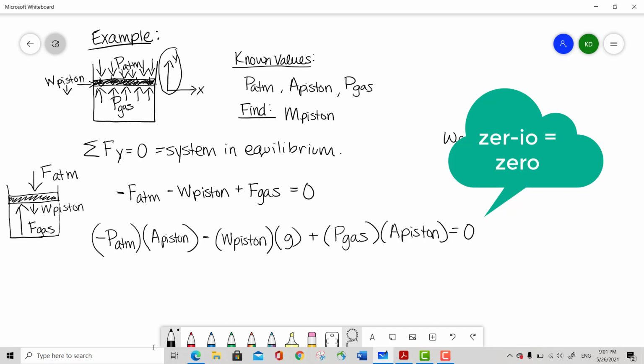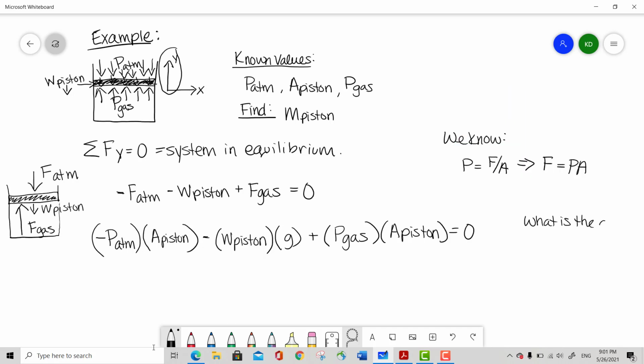And then how can we find these areas? What is the area? So we know that the cross-sectional area of a piston is a circle. So if you cut this in half and you have a piston, right?